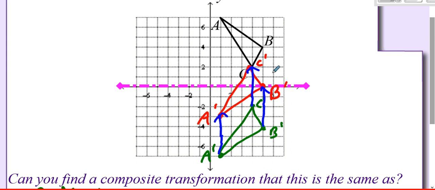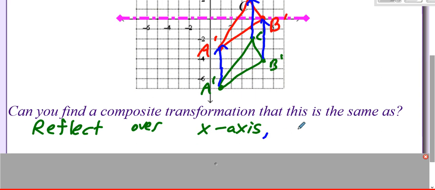Move it up 4 spaces. So then translate up 4. So that would just be the vector 0, 4. You can come up with a whole bunch of other ones too. You can reflect over pretty much any line you wanted to and make it end up there.